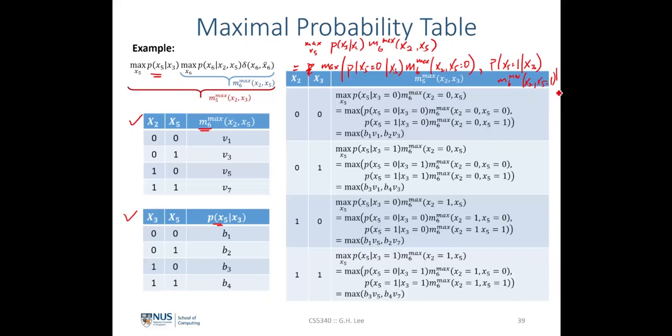So what this means is that choosing the max over x5 means we're going to choose over these two possibilities. In the case where each random variable x takes k states, then we will have k possible choices. In this case, since we only have two states, we will only have two choices, and we are going to take the one that gives rise to the maximal probability or the maximal value.